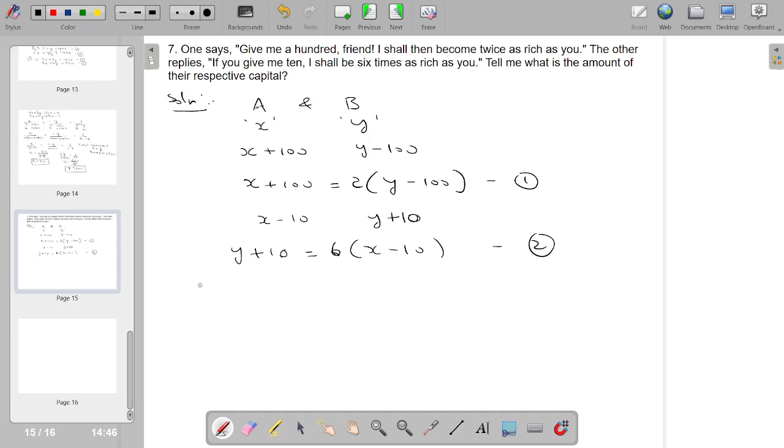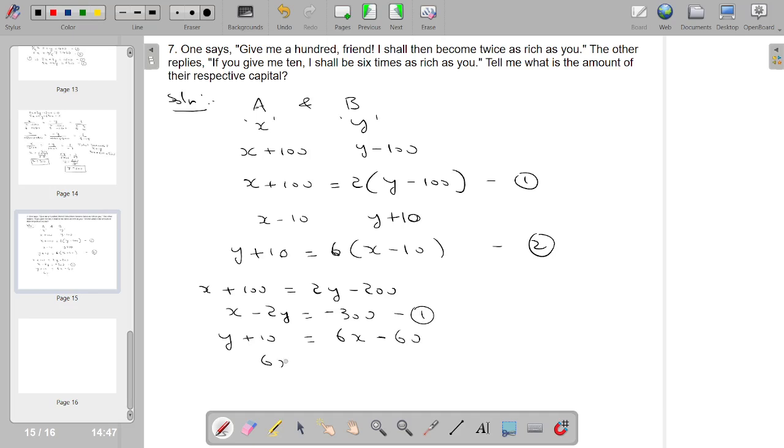Now first simplify equation 1. X plus 100 is equal to 2y minus 200. So x minus 2y, I have transferred 2y to the LHS and 100 to the RHS, so this will become minus 300. This is the simplified version of equation 1. Now equation 2 is simplified as Y plus 10 equals 6x minus 60.